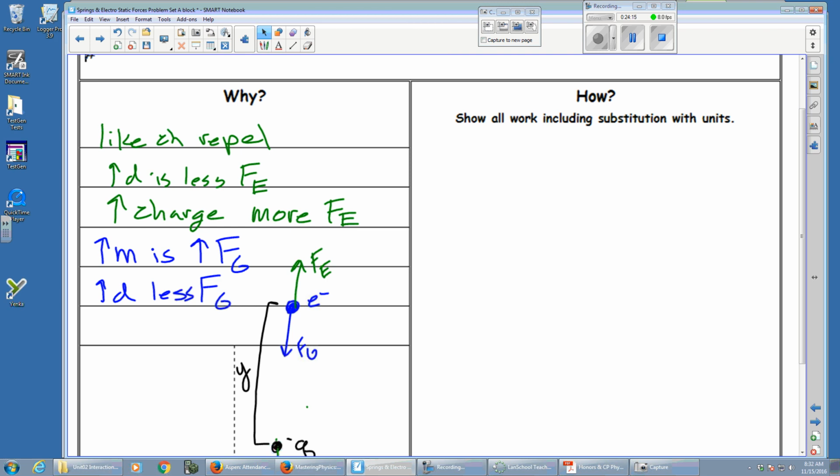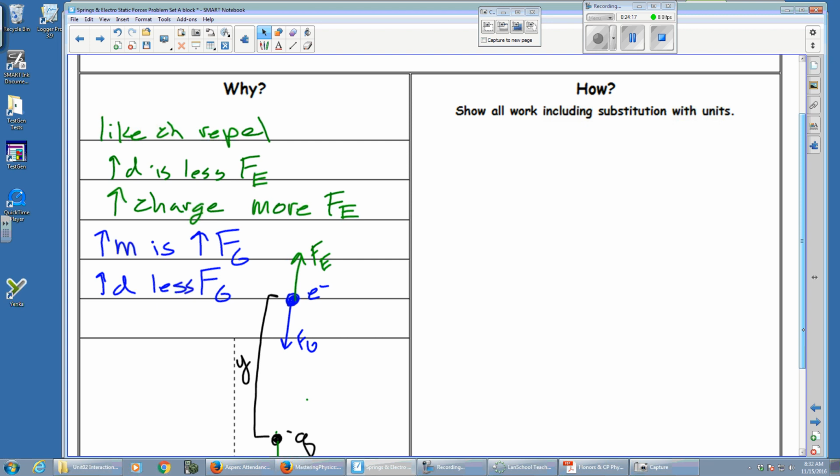All right. So we need to start with the fact that the total force on this is equal to 0.